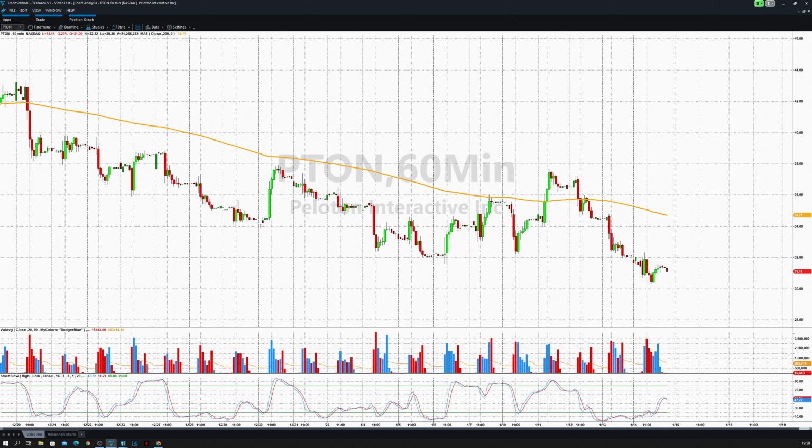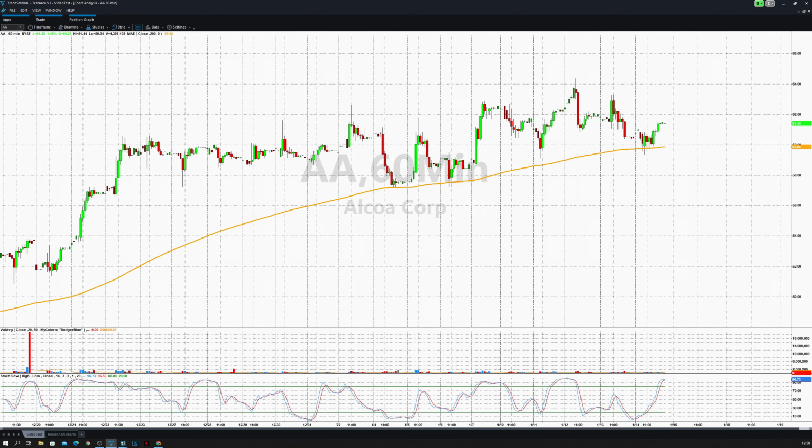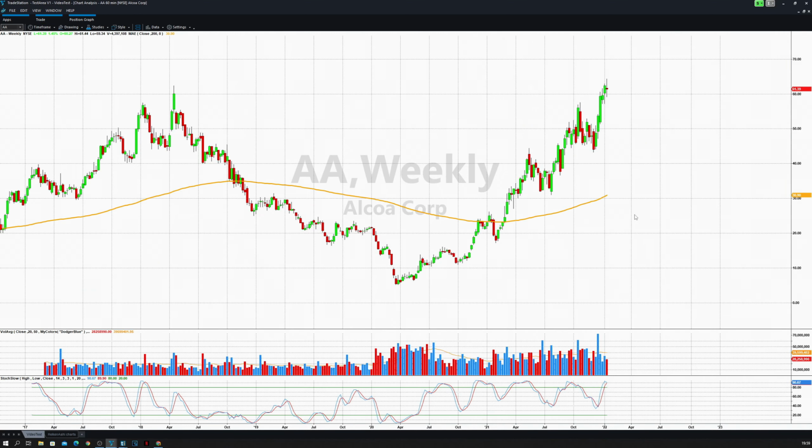So this is PTON, and the next stock I wrote to myself, AA. Let's see. Okay, this is in a big uptrend. Let's check the weekly. Here the weekly, this is a very stretched up stock. It's again very high, I don't know if all-time, but almost one year. This is the 20, so see what happened.